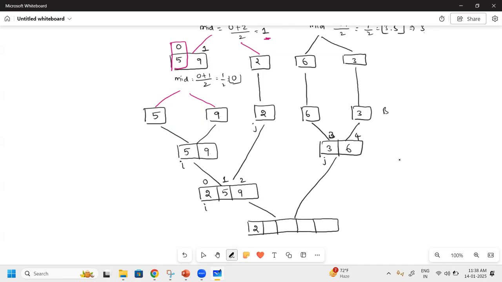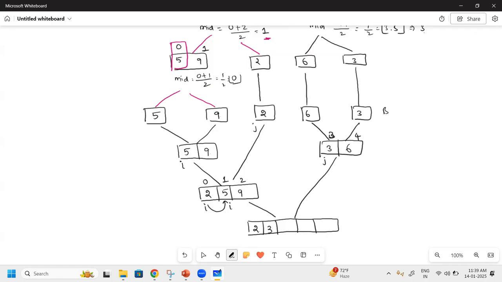Once it is filled, I will shift this I value from this position to the next index. So now currently I is pointing to the first index element and J is still pointing to the third index element. Here this is 5, this is 3. If I compare these two, 3 is the smallest.